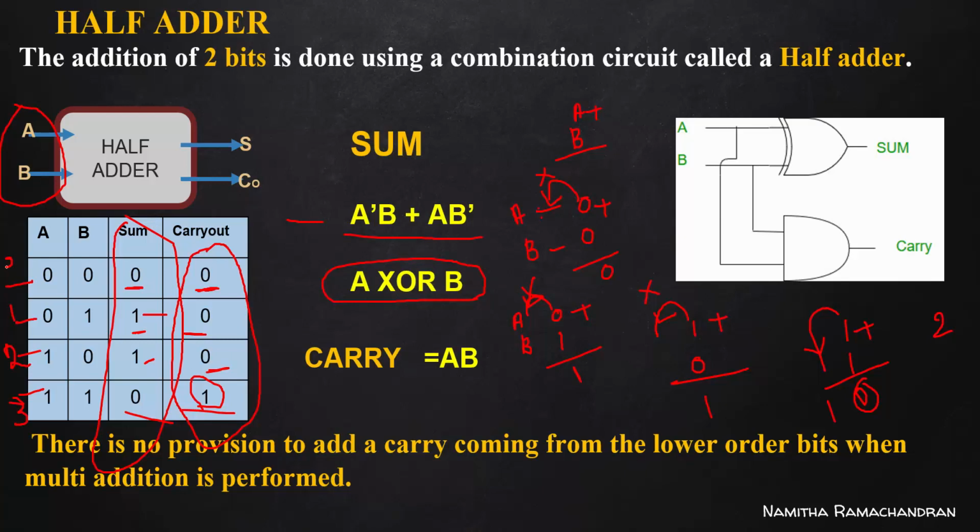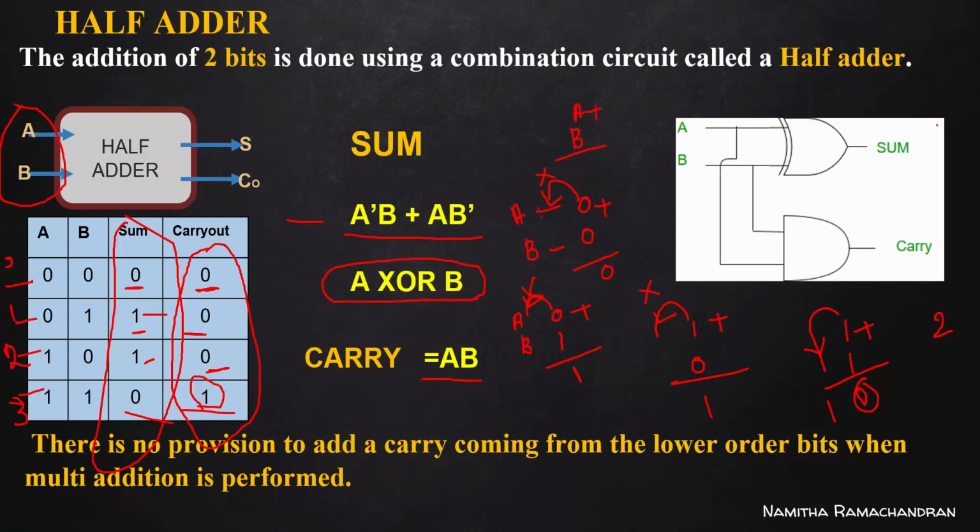And in all the other three cases, the carry out is 0. For the sum column, sum equal to 1 for these two input cases, that is A bar B or A B bar. And the carry out is equal to 1 only for this particular row, that is for A equal to 1 and B equal to 1. So this is the Boolean expression for carry out.